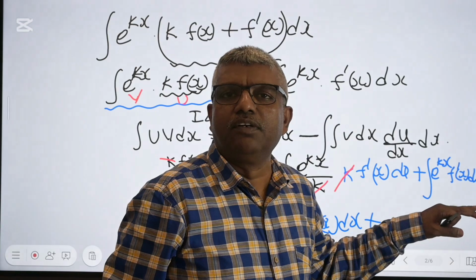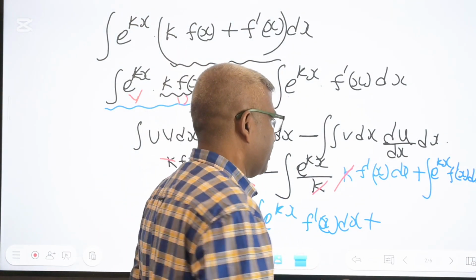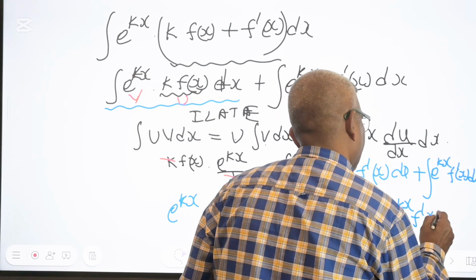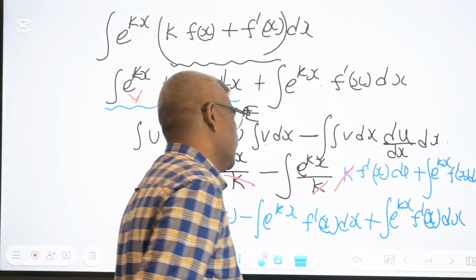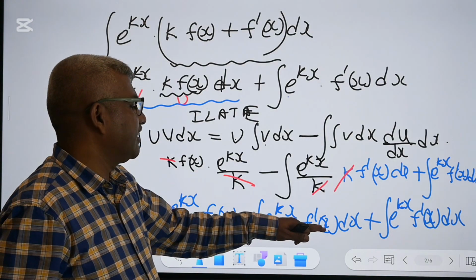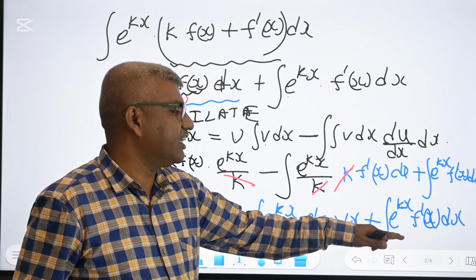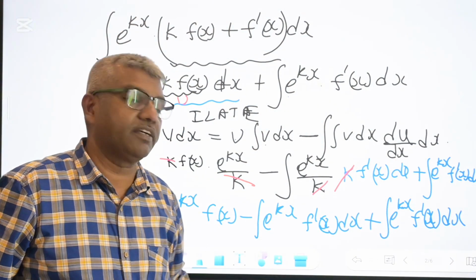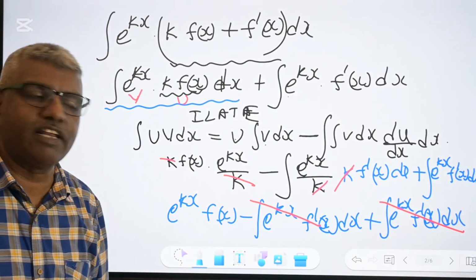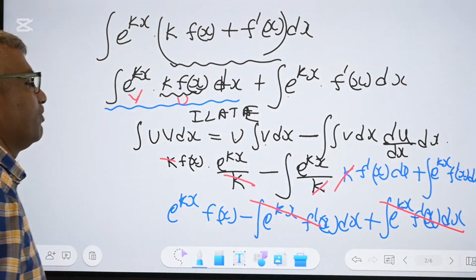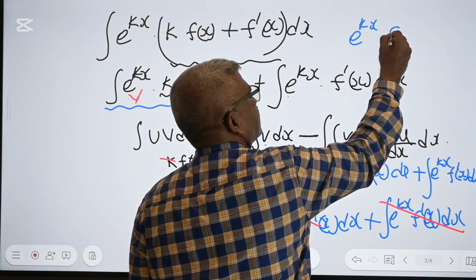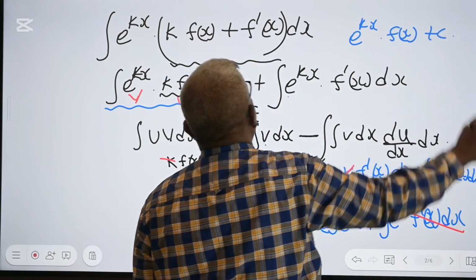I2 we didn't do by the ILATE method because now we are going to cancel I2. You see it: e^(kx) f(x) minus e^(kx) f'(x) dx plus e^(kx) f'(x) dx. So what will happen? This and this cancel. Now what is left? e^(kx) f(x). Very simple. This is the answer, plus c.